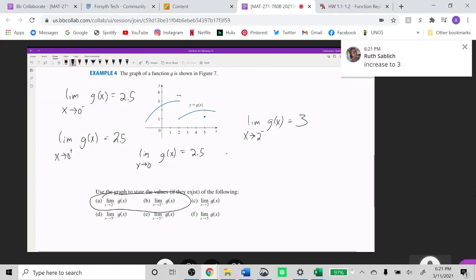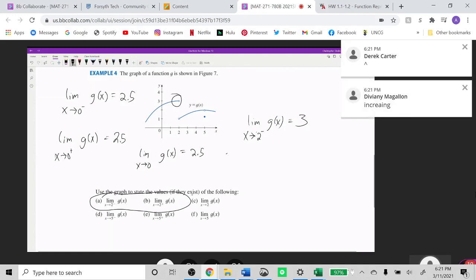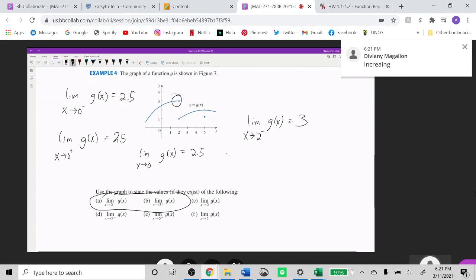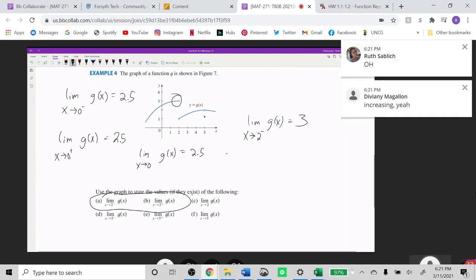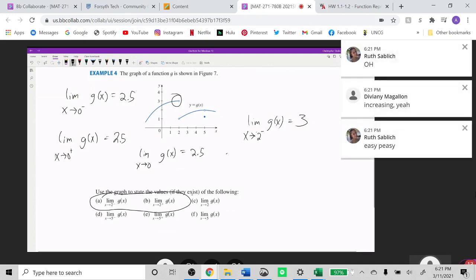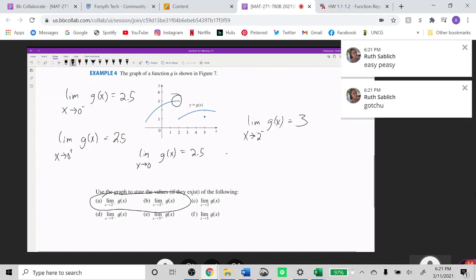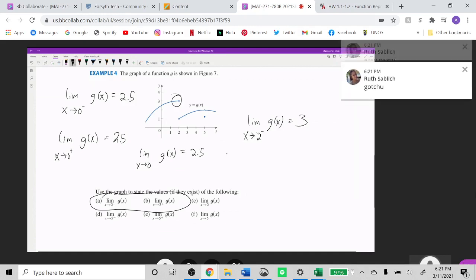My y values are getting close to 3, right? Do you see that my y values are getting close to 3 as my x values are getting close to 2? This means that the limit of g of x as x approaches 2 from the left is 3.